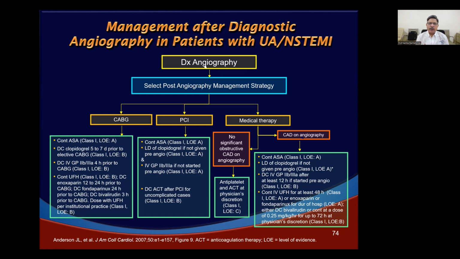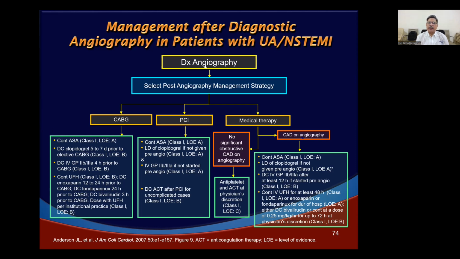Antiplatelet and anticoagulation have to be continued. Antiplatelets already, double antiplatelets you have given, aspirin, clopidogrel. Anticoagulant, depending on discretion, you continue or not. Then CAD is there on angiography. So the patient had CAD, significant stenosis is there, but it was decided against CABG or PCI.